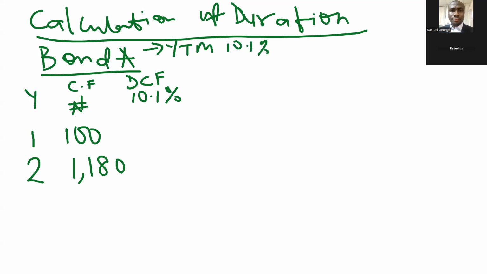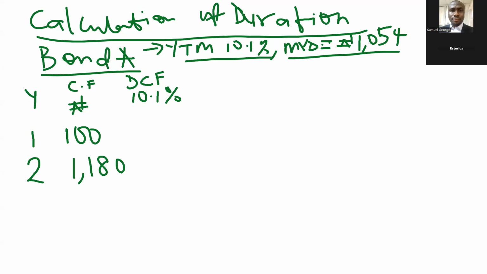The market value of bond A is 1,054. Those are the information we are going to need.